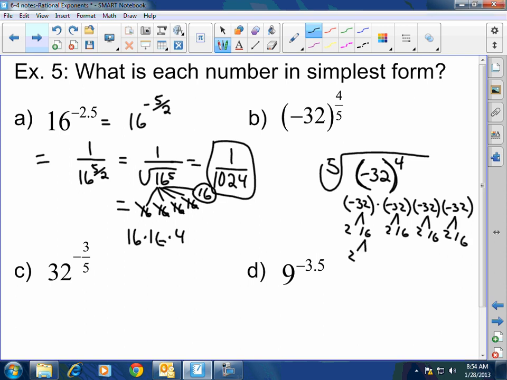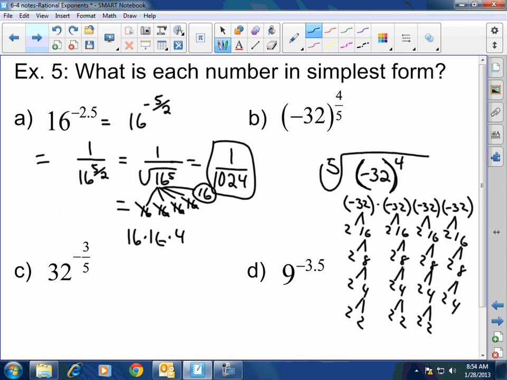The 16s break down into 2 times 8, and the 8s into 2 times 4, and the 4s into 2 and a 2. All right, so we got a lot of 2's there.